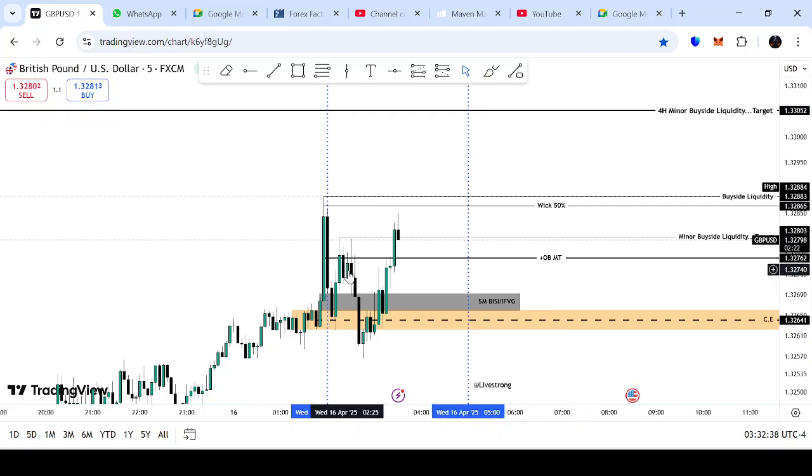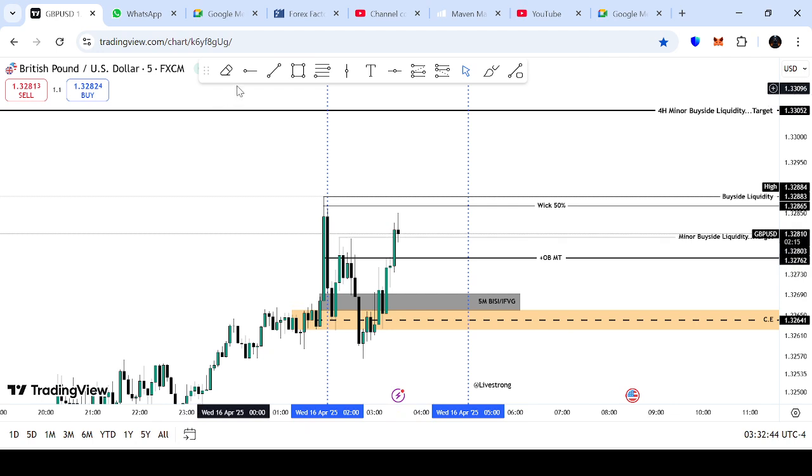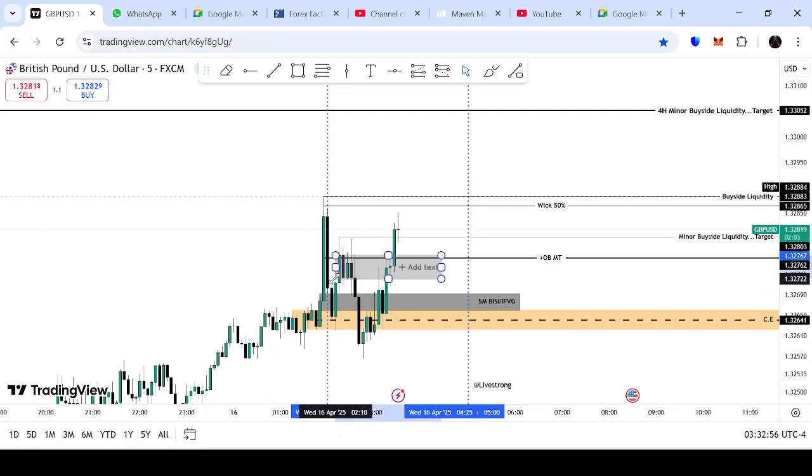I'm going to treat this candle here as a breaker. I break above it, the up close candle there is the highest up close candle. This is higher than this. So that's a breaker, the candle body.